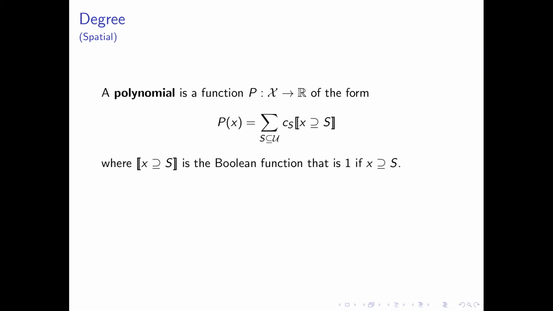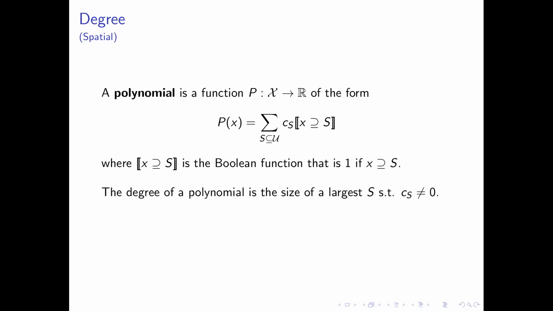I think this is a fairly natural notion of degree for these functions. You'll notice that I'm calling these spatial, in parentheses over here. There's a reason for that: technically, let's call this the spatial degree of a polynomial.